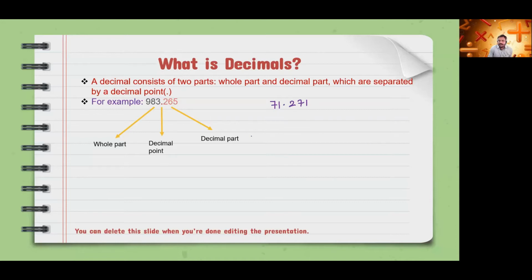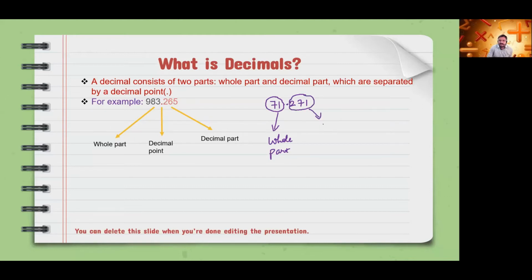माधवी लोहिया, बोलो इसमें होल पार्ट कौन सा है, डेसिमल पार्ट कौन सा है, और डेसिमल पॉइंट कहाँ पे है? Whole part is 71. Correct. Decimal point is that point. Correct. And decimal part is 271. Okay.